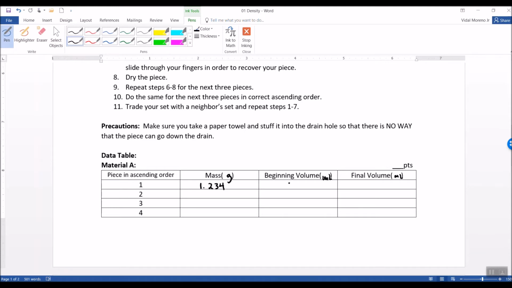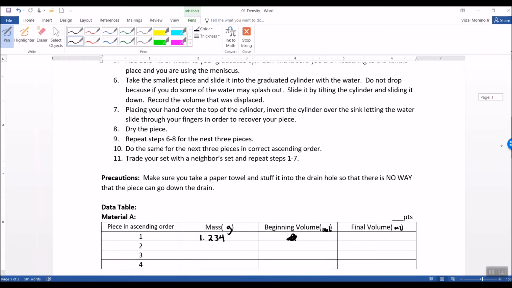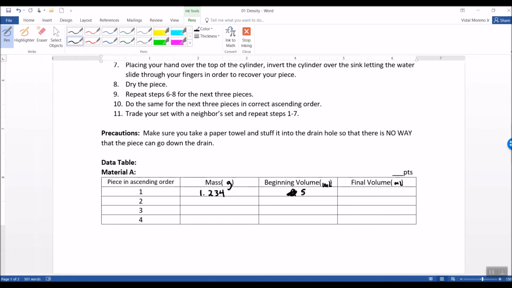Of course, a graduated cylinder can only do 1 decimal place. Let's see, the beginning volume would be that of the water. Sorry, it jumps around like that. 50.0 and then 50.9.